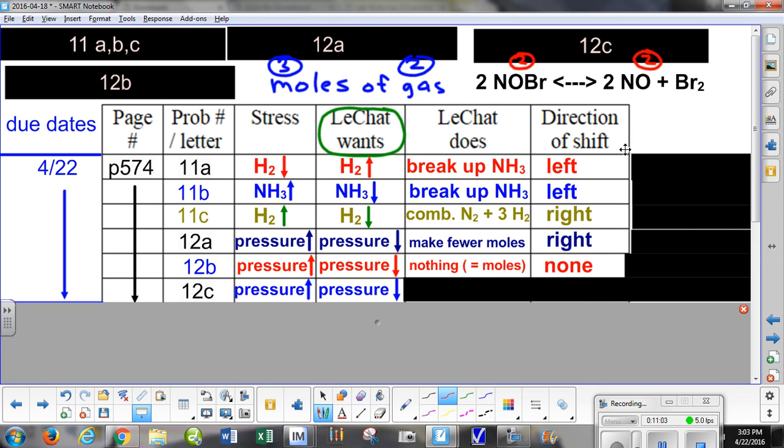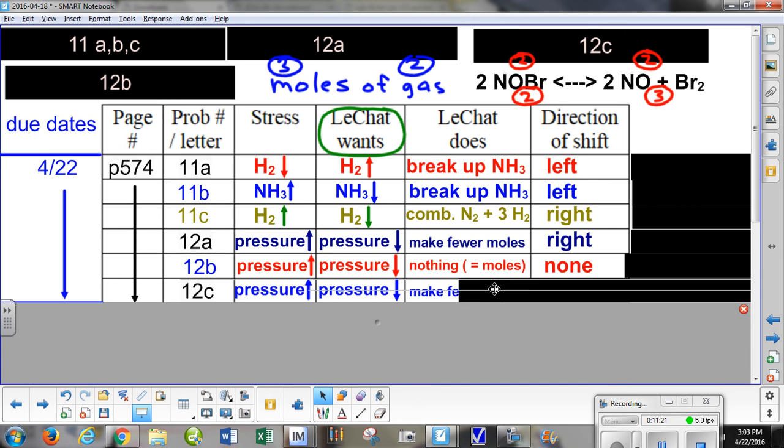How many on the right? 3. Now that you know where the more moles are, how is he going to get fewer moles? Because less pressure means fewer moles. He gets that on which side? And that's your shift.